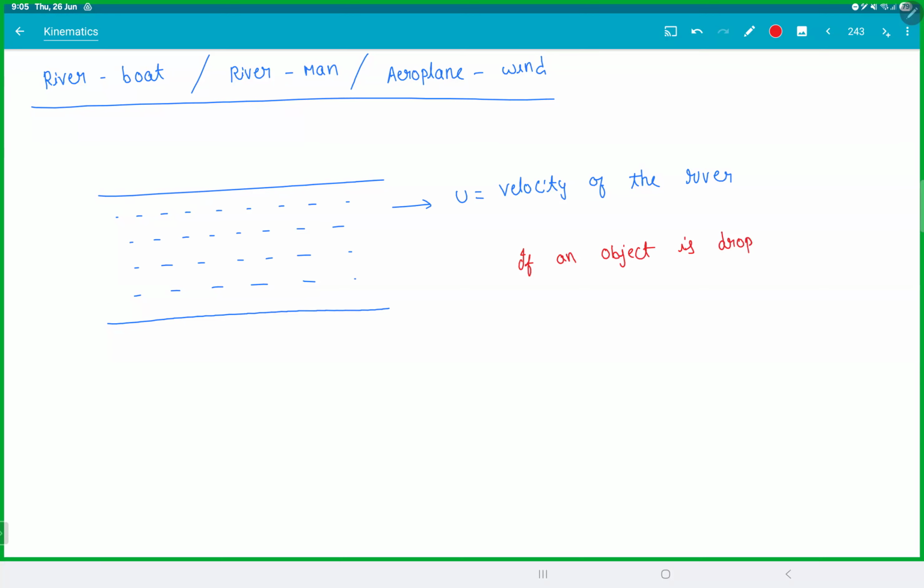So if you take a paper piece and put it on the river, it will go with it. If I take you and throw you in the water, and if you don't know how to swim, you will go with the river. So anything that is thrown into the river will go in the direction of the river. So if an object is dropped into the river, it gains speed u along the river. Remember, this is additional. If you don't do anything, you'll go with the river.